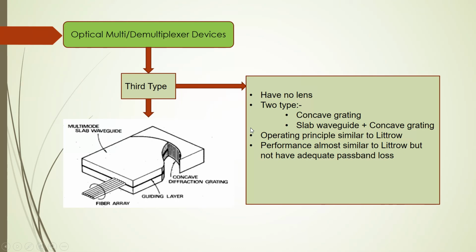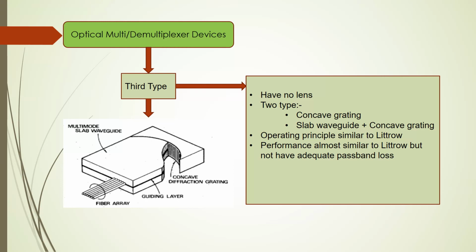What differentiates the third type from the litho type is that the third type has no lens, but the operating principle is similar to the litho type. During operation it acts as a lens, although it has no lens.